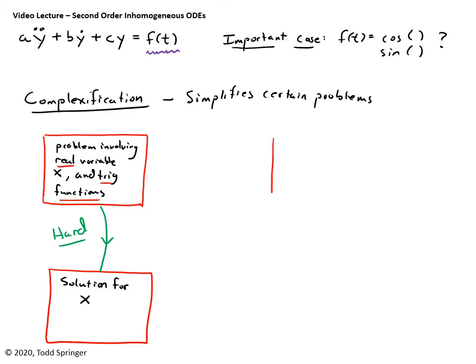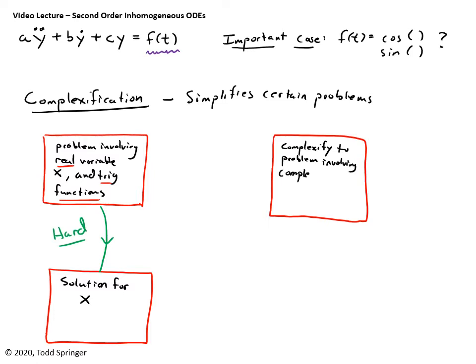The first thing you do is you complexify the problem. So I complexify to a problem involving a complex variable, let's call it z, and exponentials, like e to the i something.